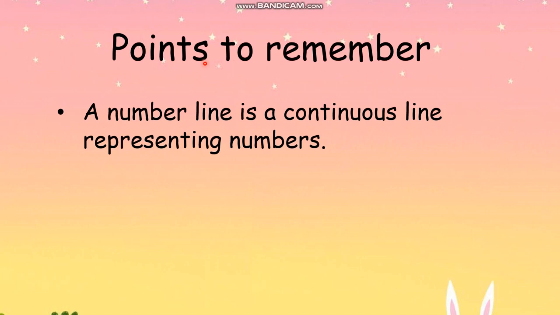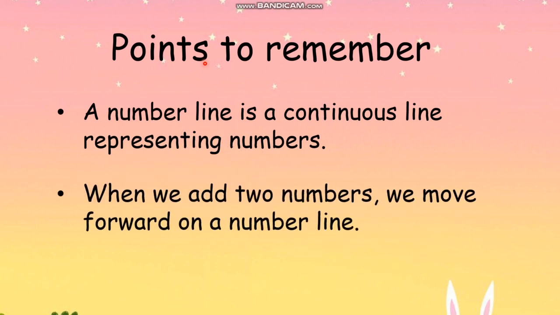A number line is a continuous line representing numbers. Okay? And the second point that you have to remember is when we add two numbers, we move forward on a number line. So the words that you have to remember are forward and add. Okay? When you are adding, you move forward.